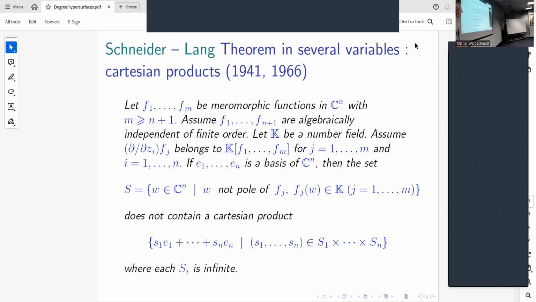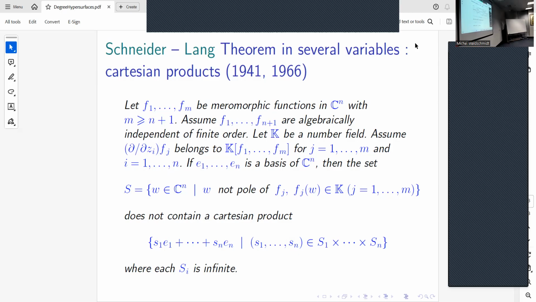So what does it mean that it does not contain the Cartesian product? It is related to a smaller degree of the polynomial. And in fact Nagata, the same Nagata, attended the course of Lang in the 60s, where Lang explained this theorem. Nagata said to Lang that a better result is to say that this set is contained in an algebraic hypersurface.